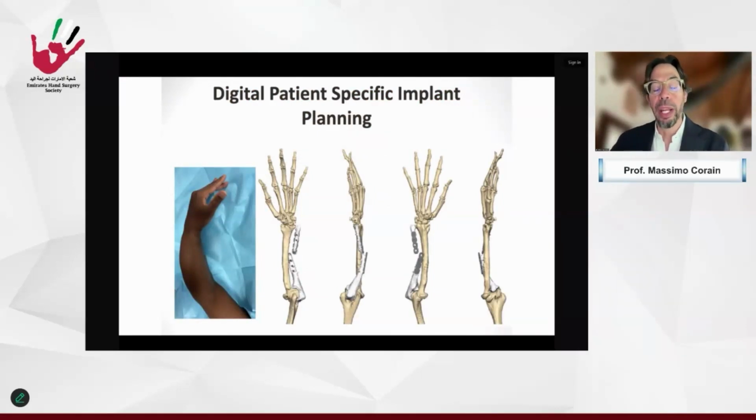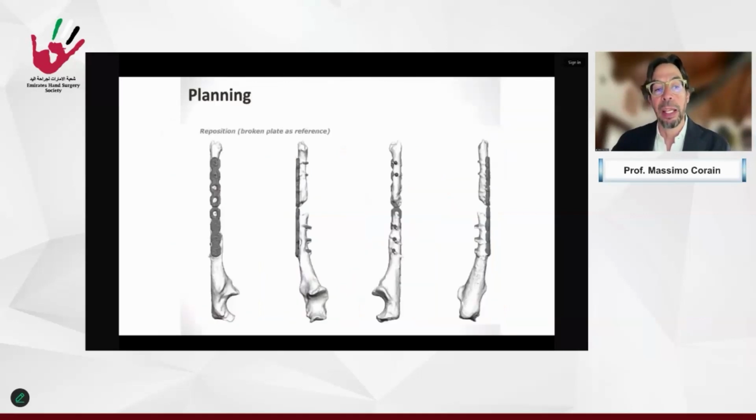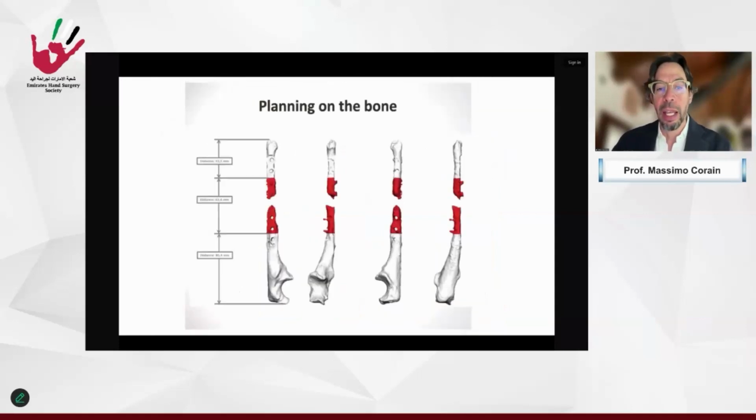And in a digital way, I asked the engineer to realign the plate. And realigning the plate, I can measure exactly the length of the ulna and decide how much bone to take off in order to fix to the best bone that I can, and consider that the distal part of ulna was very small, like a metacarpal bone with some holes of the previous implants.